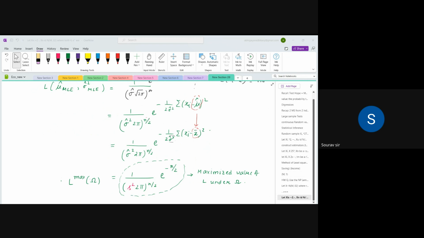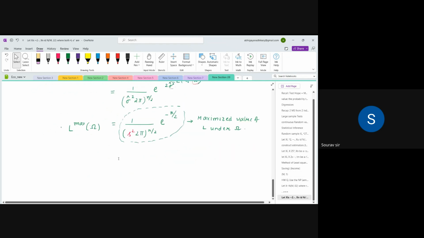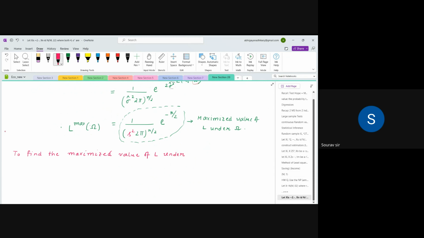So we have got one value that we need, the value in the denominator of the ratio. Now we need the numerator. What we need to find out? The next step is to find the maximized value of L under the omega naught parameter space, the one that is specified in the null hypothesis.